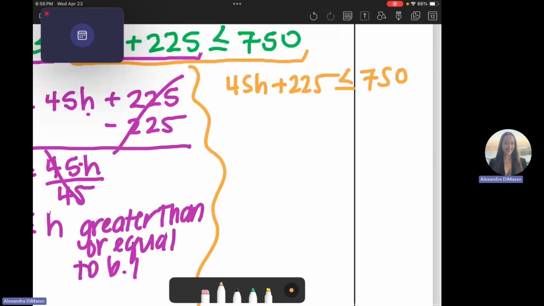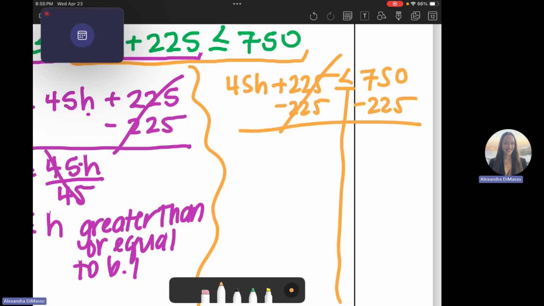So I want to get the H by itself, so I'm going to subtract 225 from both sides. Okay, working from left to right, I get 45H is less than or equal to 525.